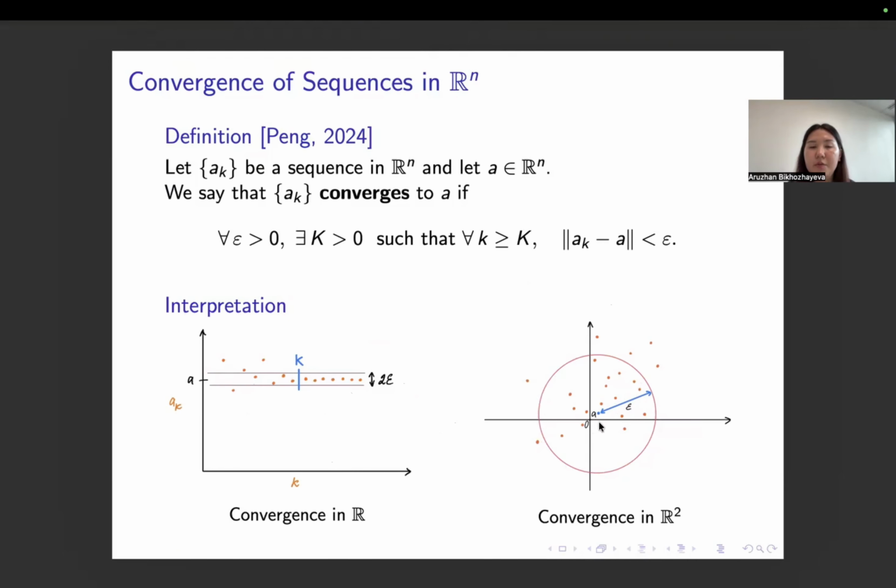So we say that the sequence converges to A if eventually every point in the sequence becomes as close to A as we want. For example, if we consider the R dimension graph, we can see that after some value of large K, the points in the sequences are becoming very, very close to our point A in the middle.